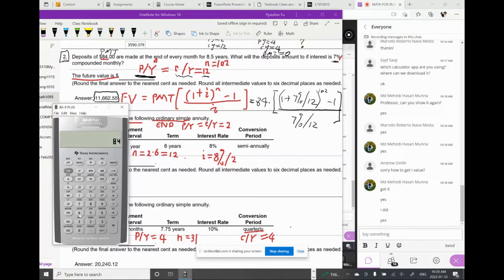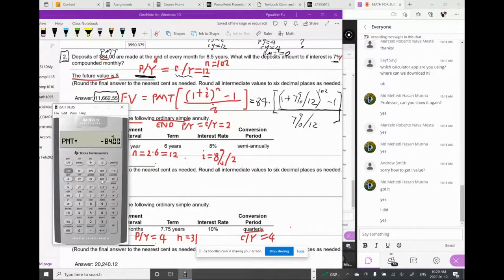This is the money out of your pocket, money out, so it is a negative number. This plus-minus sign means negative number. Usually PMT is negative. So click this button on the bottom right corner. Make sure you enter negative 84, and then press the PMT button.